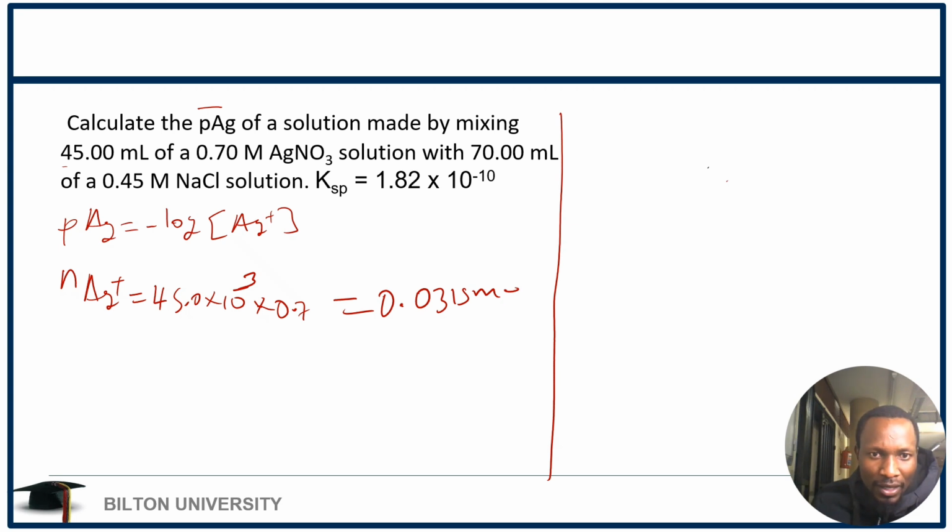And then we are going to determine also the moles of chloride ions. So we're going to look at the moles of chloride ions, which is the volume, that is 70.0 times 10 to the power minus 3 times the concentration, which is 0.45 molar.